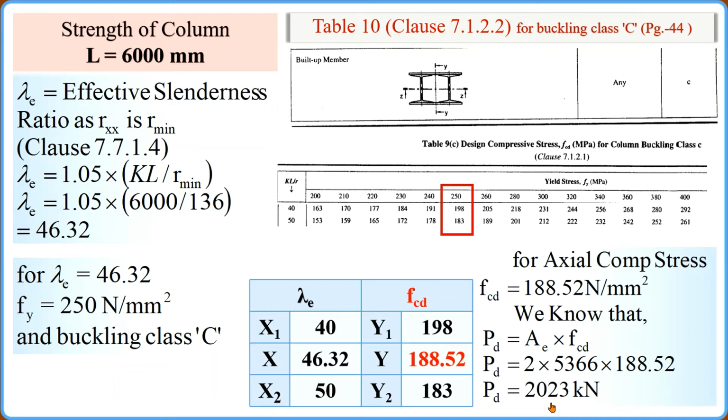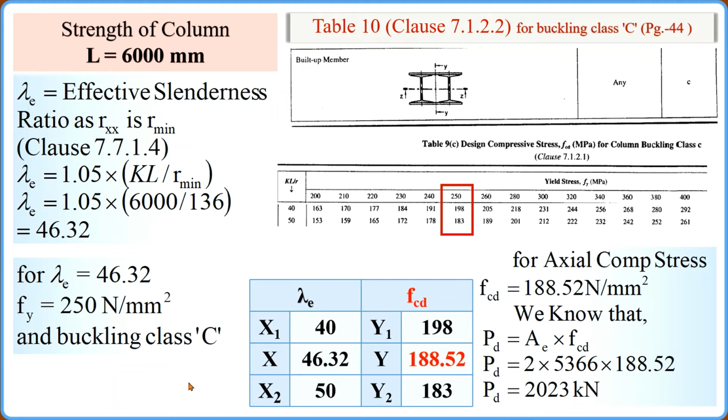This strength which we are getting is nothing but the factored strength. And if we want to know the service load of the column, then this value is divided by 1.5. The value we get will be the service load or the service capacity of the column. This value is nothing but the design capacity of the column.